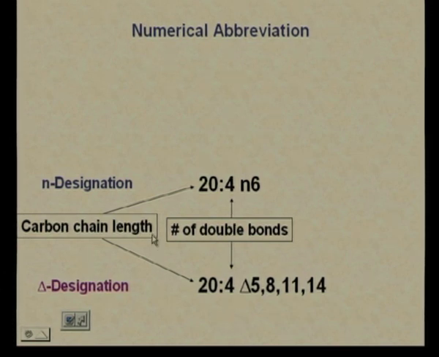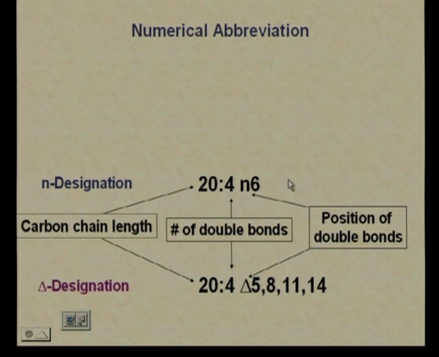So, in this case, we have a carbon chain length of 20 and the number of double bonds at 4, and now you can tell me that this is actually the position of the double bonds. Okay? So, the number that we have at the end is the position of the double bonds.